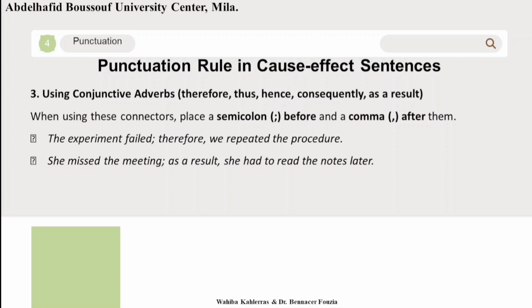Or we can start with the effect independent clause, then the conjunction, then after it comes the cause clause. However, in effect sentences, there is always one order: cause, conjunction, result. So we cannot invert the clauses in effect sentences, but we can invert them in cause sentences.